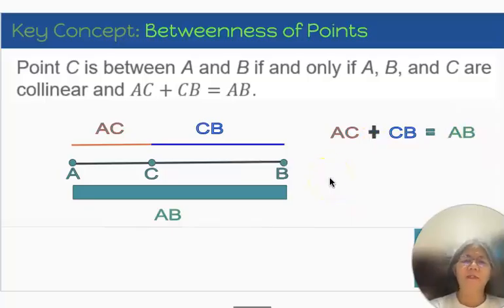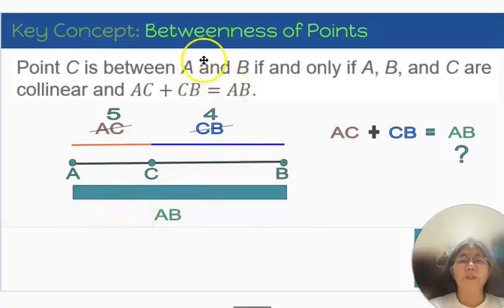So let's take a look at an example like this. If we consider the length of AC is equal to 5 and the length of CB is equal to 4, how do we know the length of AB, or the length of line segment AB?